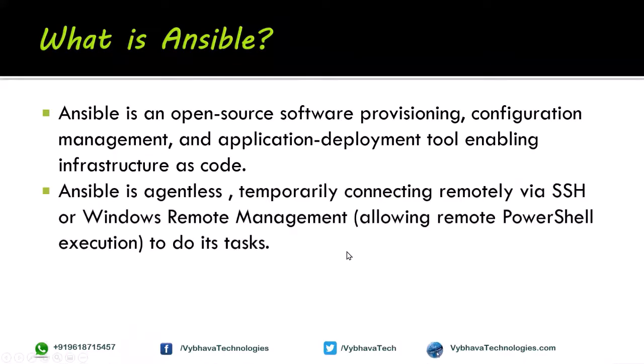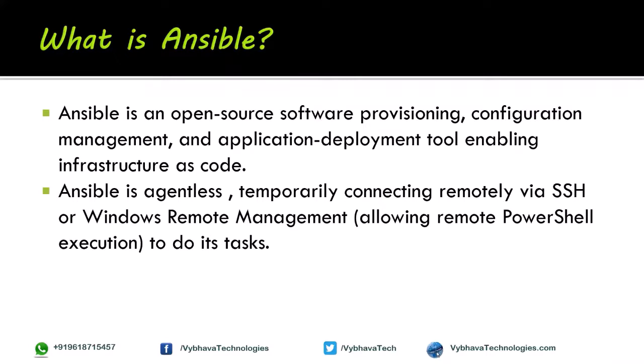And Ansible is agentless. If you look at Puppet and Chef, they need at least a small piece of software installed on the target machine. With Jenkins also, you have to download a jar file so the agent can communicate with the Jenkins master. Ansible doesn't require that.